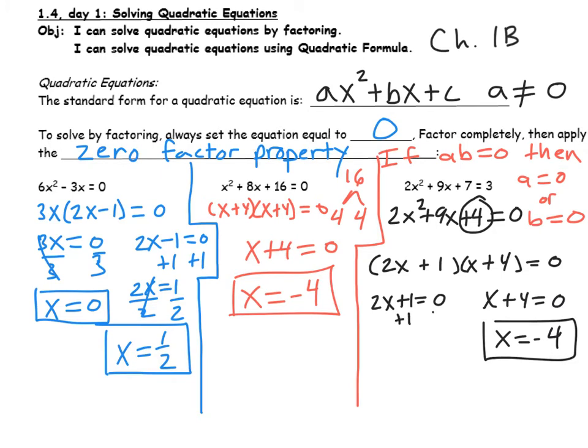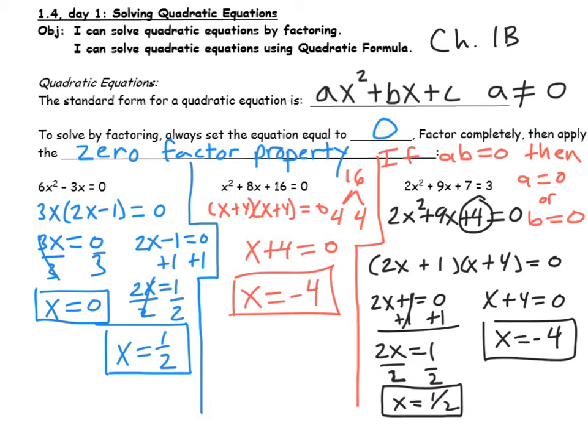Let's see here, add 1. And x is 1/2. All right, there you go. That's plenty on finding your zeros with factoring.